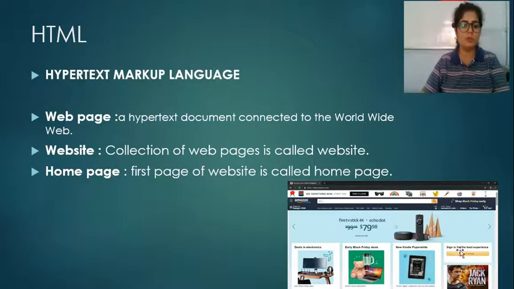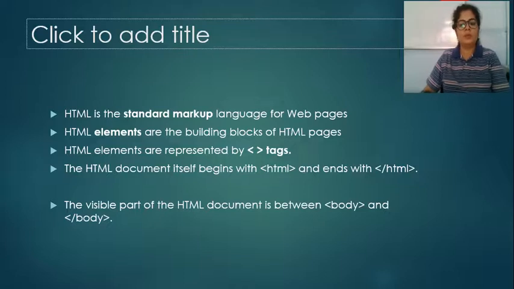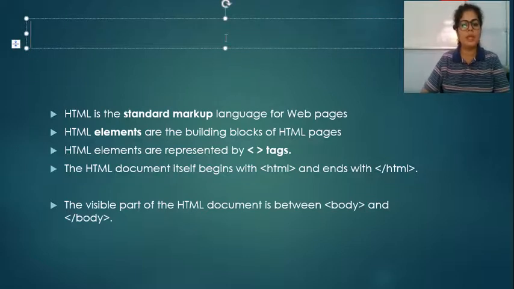Now, we will see how we have to work with HTML, how we have to create a web page, and how we have to run a web page to check the output. So, we will study the structure of HTML. HTML is the standard markup language for web pages.